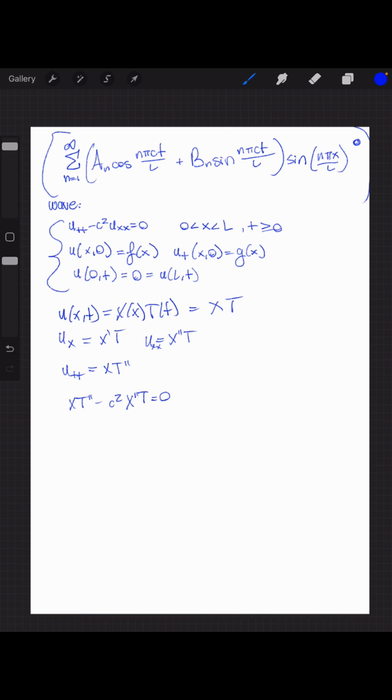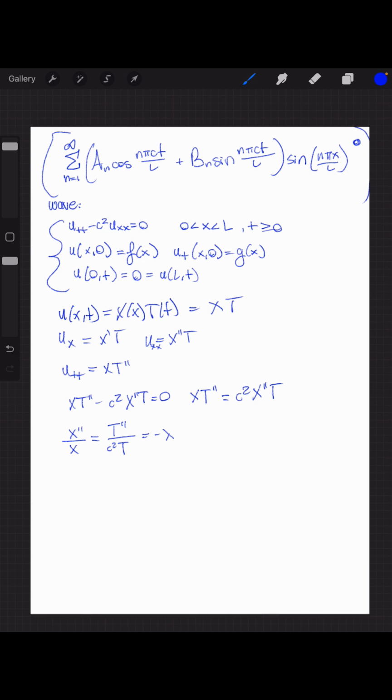Now if we move the c squared term over, we get X T double prime equals c squared X double prime T. Now if we divide by T and divide by X to get equations of x and t separate, we get X double prime over X equals T double prime over c squared T. We're going to set this equal to a constant, which for convenience will be negative lambda.